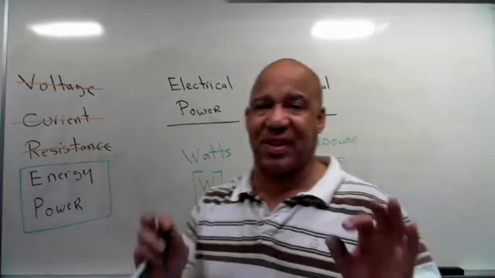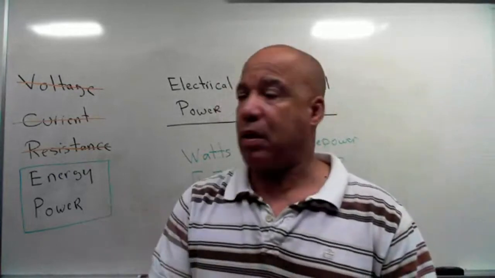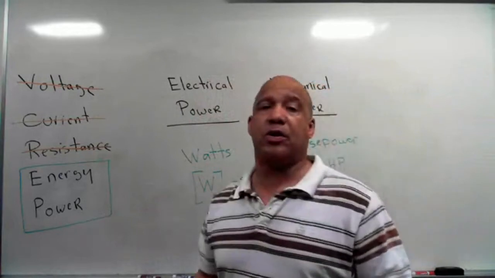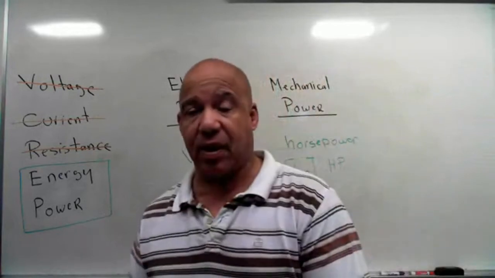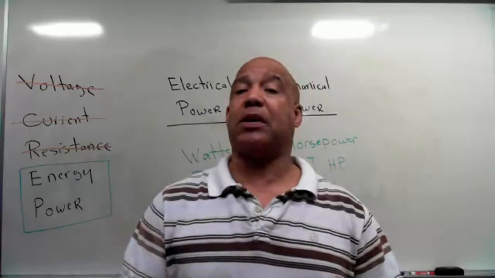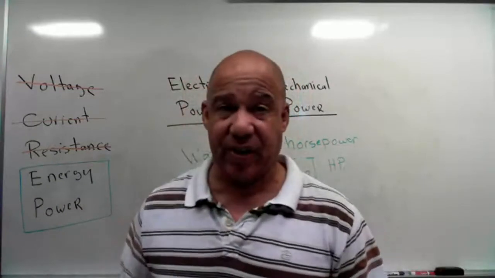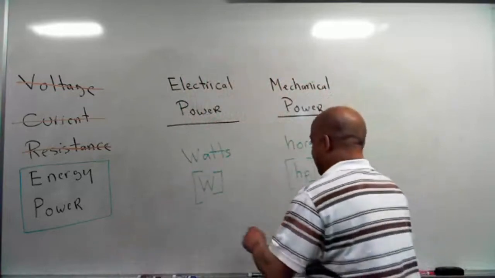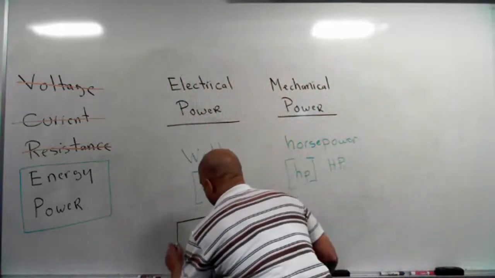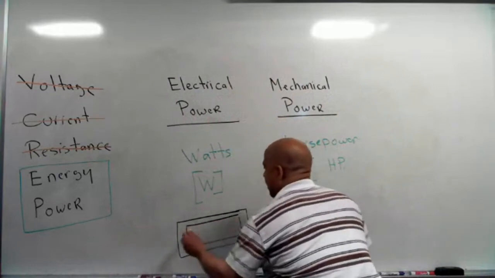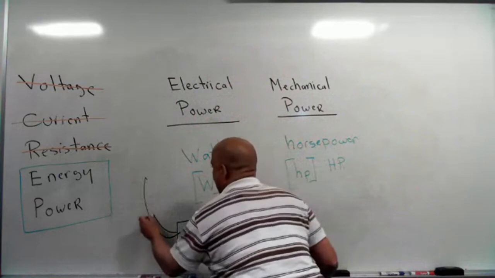Now there's one little thing I want to make sure you're clear on. When you're talking about electrical power, we're usually talking about the power going into something. When you're talking about mechanical power, you're talking about the power coming out of some machine. Let me show you what I'm saying. Say you have a microwave. Here's your microwave, and here's the cord that plugs into the wall.